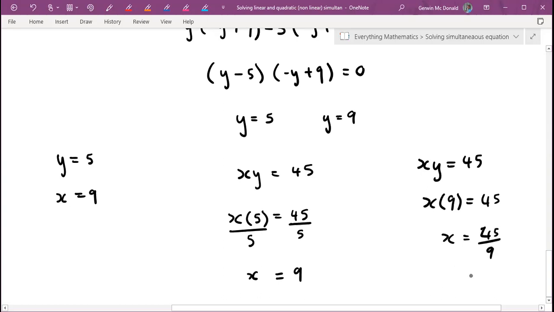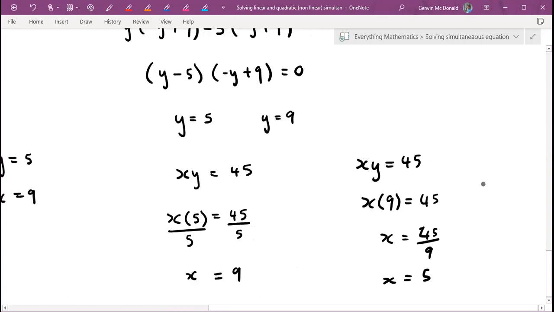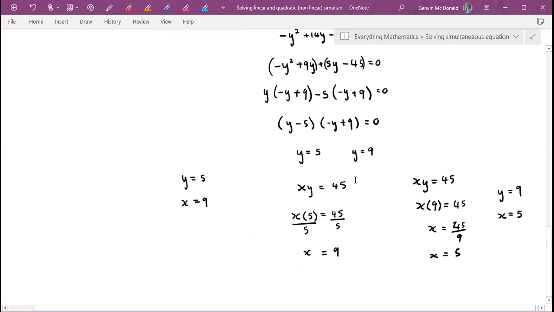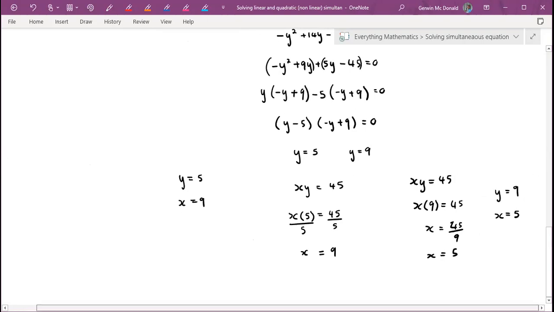And ultimately, x will be equal to 5. So when y is equal to 9, x is equal to 5. So it's almost like the roles reverse. When you look at the two values there, the roles reverse. But yes, that's basically how we solve it.